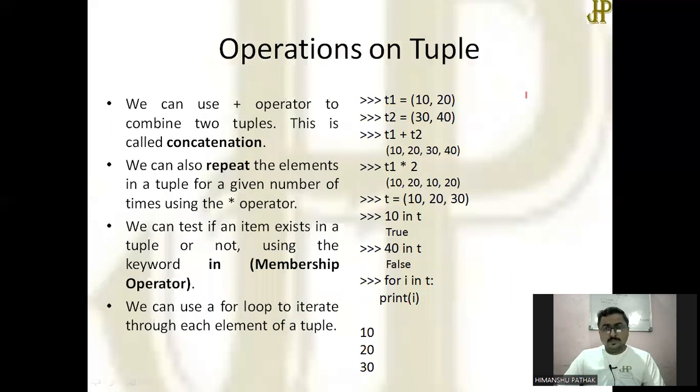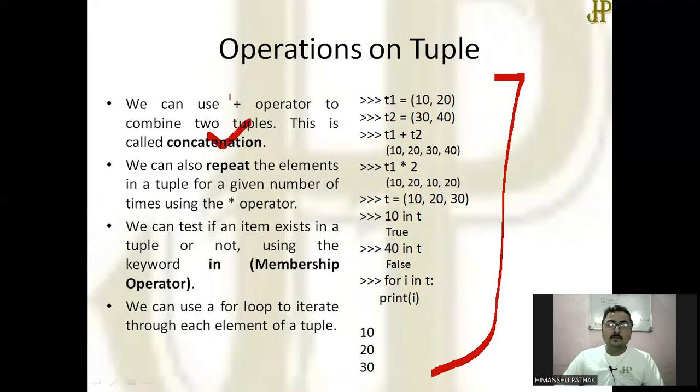Now, the same operations can be done as we do in list. First one is concatenation. Concatenation can be done with the plus operator. So two tuples are combined into a single tuple. So here I have done T1 plus T2. So it shows a single tuple.